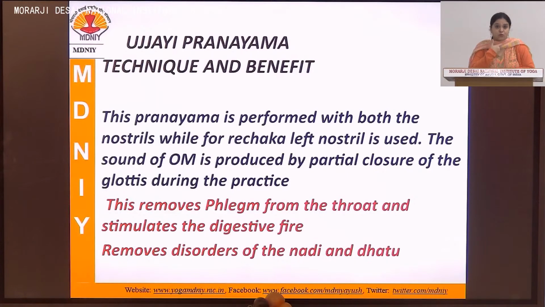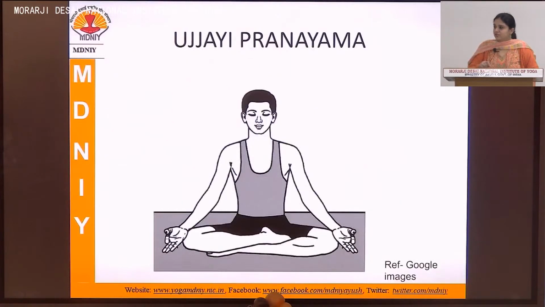It is also very good for purification of the nadis. Ujjayi means victory, victorious. You partially contract the glottis and produce a hissing sound, like snoring, and you can feel it from the chest to the throat.